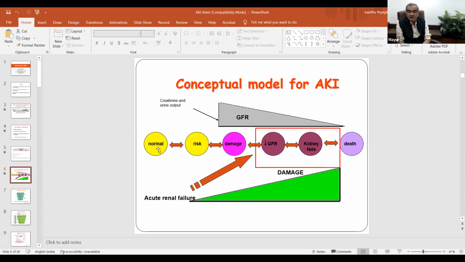To begin with, it's normal kidneys, then the kidney which is at risk, then the kidney which begins to get damaged, and this is where we need to pick it up and intervene. But that doesn't happen currently in most cases, because we pick them up only when the creatinine has shot up or urine output has dropped drastically, or when they already need renal replacement therapy. And we don't, of course, want any mortality for children with AKI.